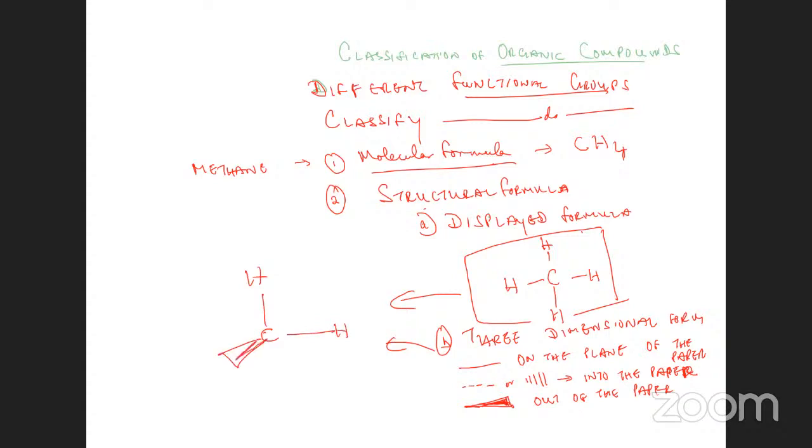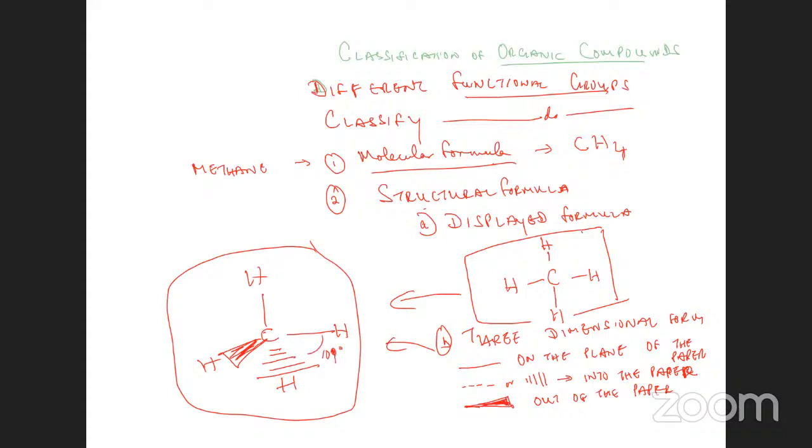One is coming out of the paper, and one is going below. Right, so these are the different ways. Normally we don't go into details unless we are asked, and then draw the angle. We just stick to this normal, easy way of displaying the formula.